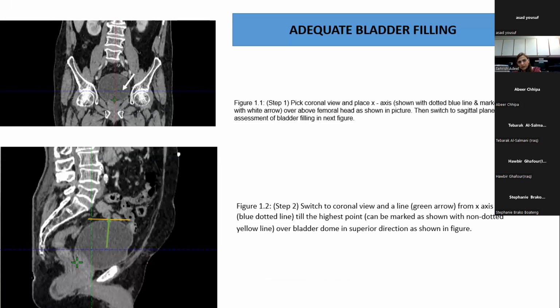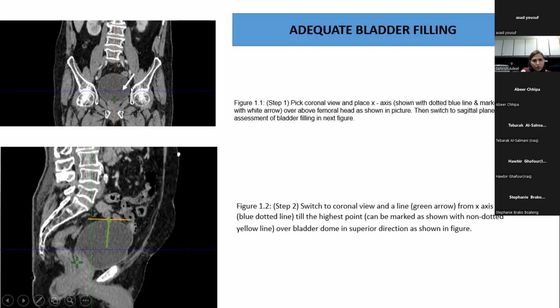Now I will discuss the definition of adequate bladder filling. This is one way to quantify the bladder volume. On the coronal image, you can bring the scan to the level of the femoral head, just above the femoral head, like we did in this picture.